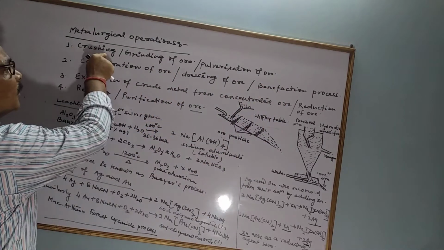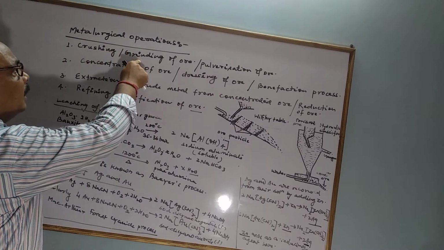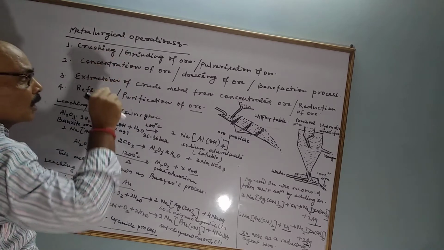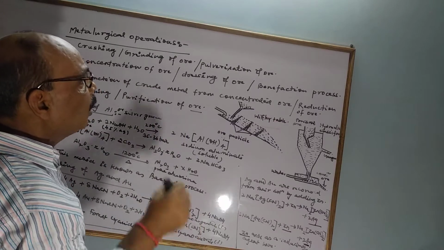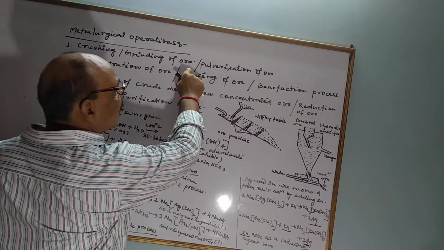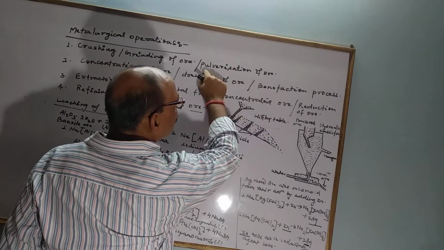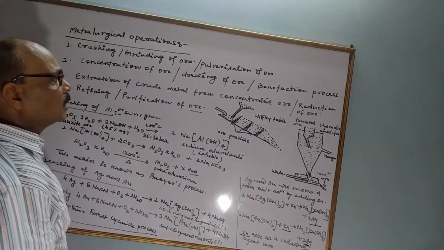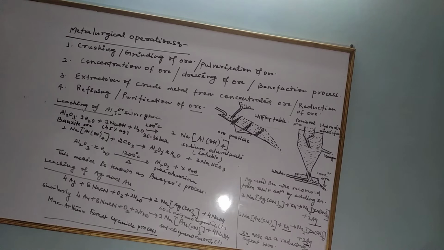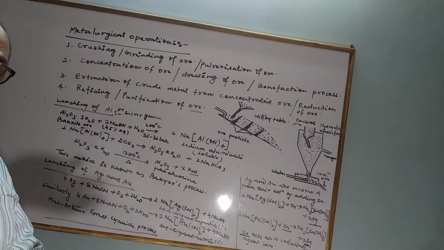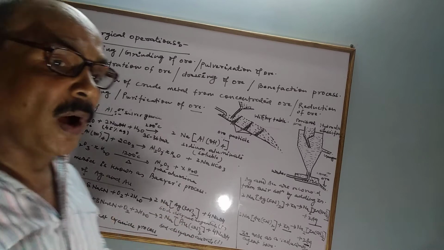The lumps of ore are first ground or crushed in a crusher, and then small pieces of ore are converted into fine powder, which process is known as pulverization.